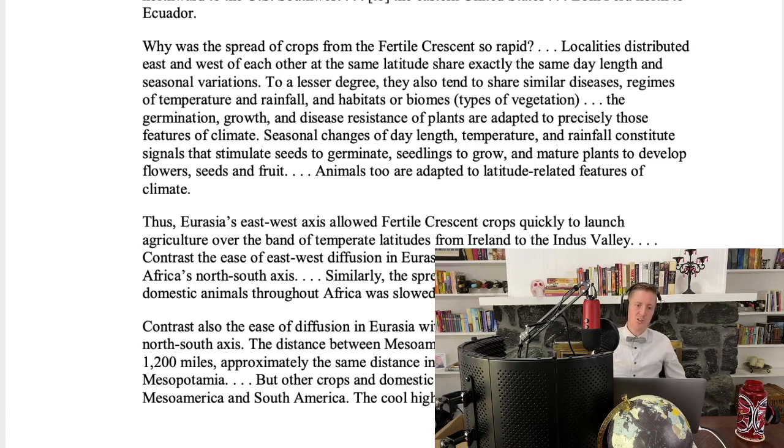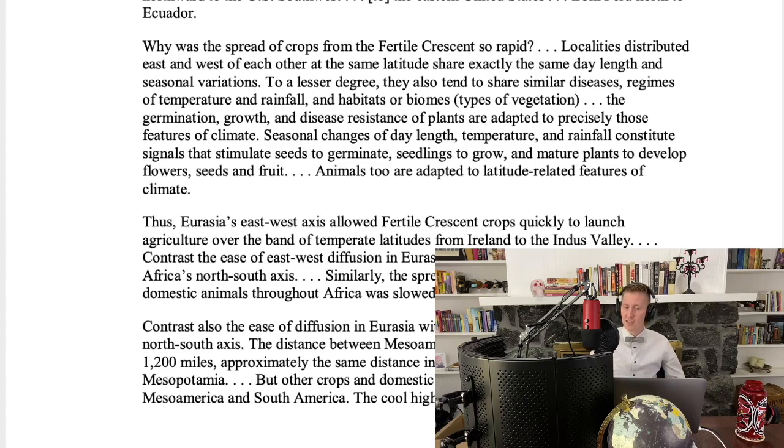The germination, growth, and disease resistance of plants are adapted to precisely those features of climate. Seasonal changes of day length, temperature, and rainfall constitute signals that stimulate seed germination, signaling plants to grow and mature, to develop flowers, seeds, and fruit.